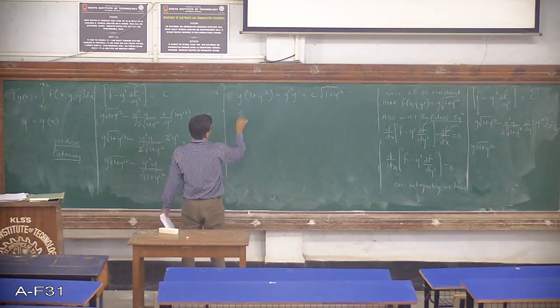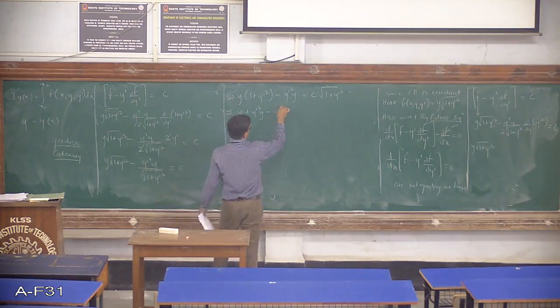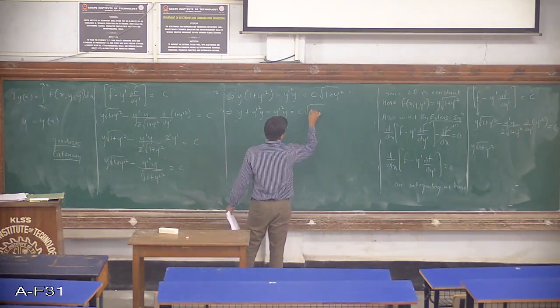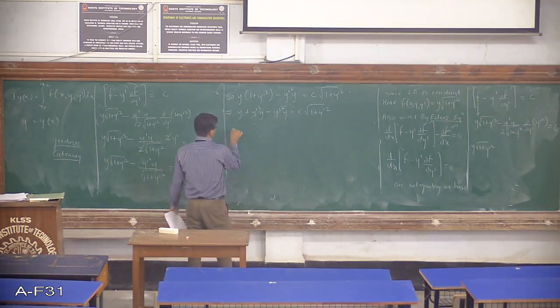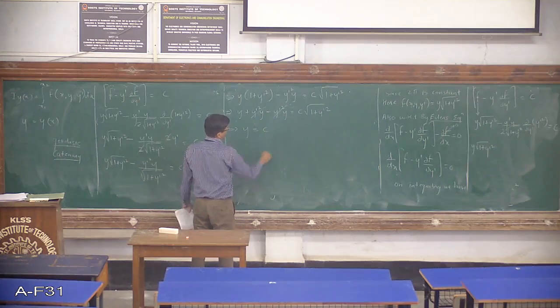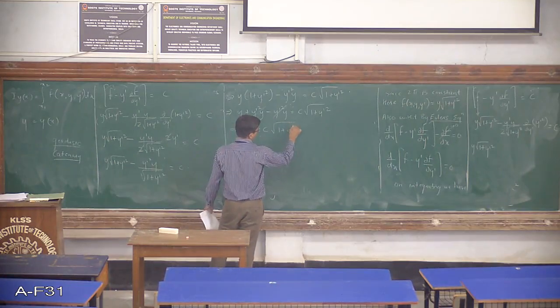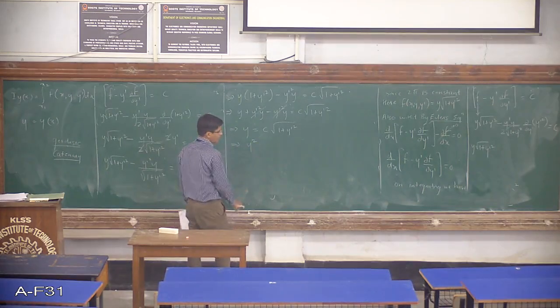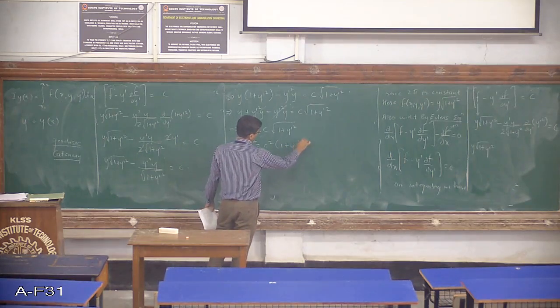So y plus y1 prime square into y minus y1 prime square into y is equal to c square root of 1 plus y1 square. Now these two terms get cancelled, which implies y is equal to c square root of 1 plus y prime square. Then I again square, so this becomes y square, which is equal to c square inside the bracket 1 plus y1 square.